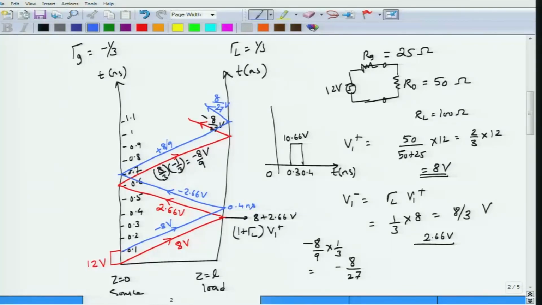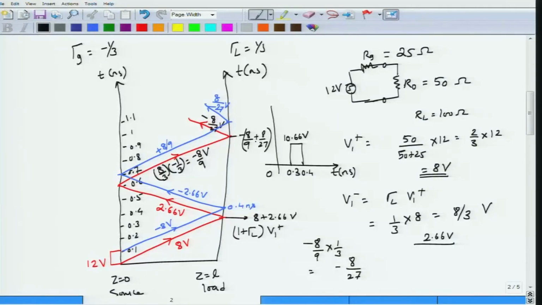Now when does the next pulse arrive? The next pulse would arrive at 0.9 nanoseconds. At this point what would be the total value of this one? That would be minus 8 by 9 plus 8 by 27, actually this is in brackets, so you actually have 8 by 9 which is less than 1, so if it was 9 then it would have been 1, so this is about 0.9 something, plus there is some other value that is here.